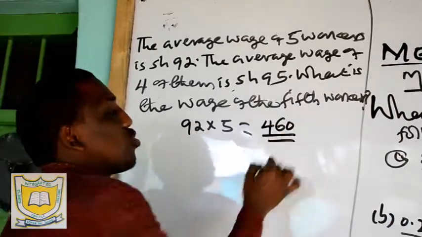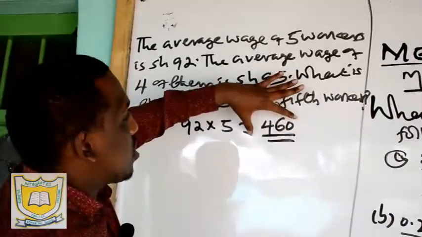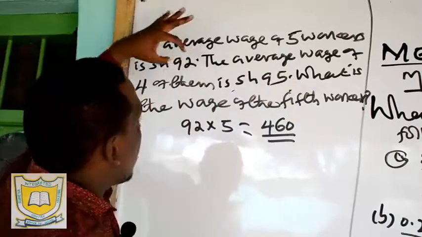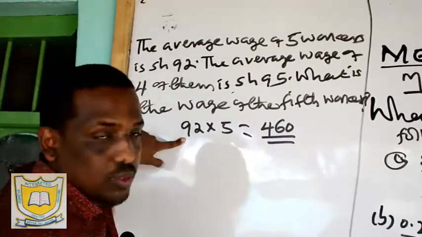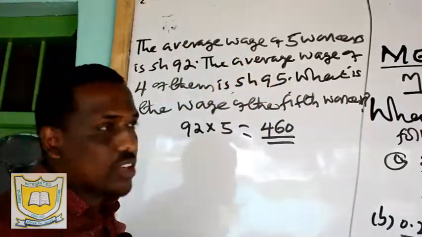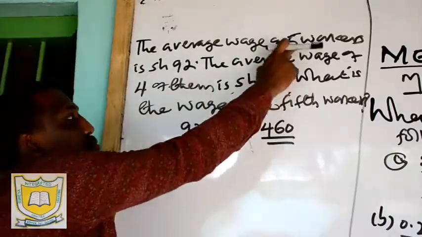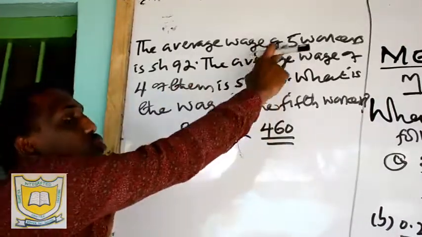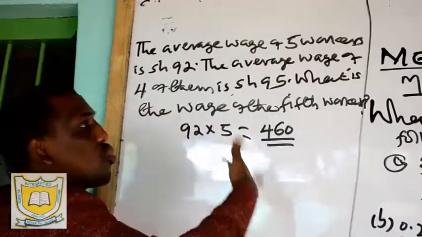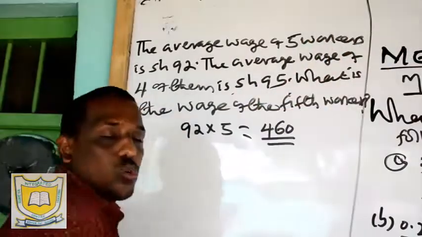This is the total. All of them, their wage is 460, and the average was 92. So whenever you hear the average wage of 5 workers is this, or the mean score of 5 subjects is this, or the score of 5 pupils is this, you always multiply.